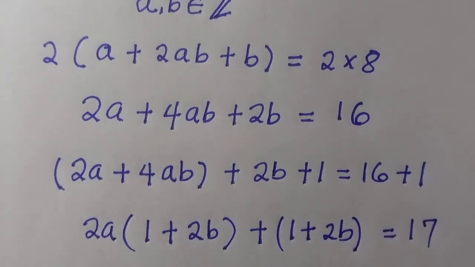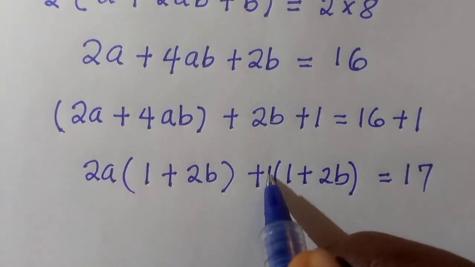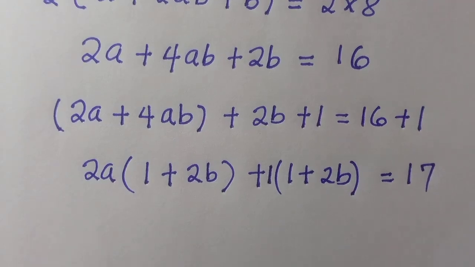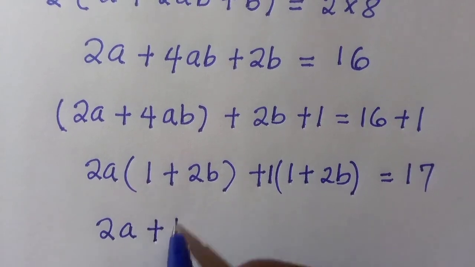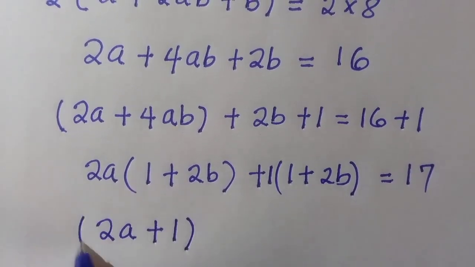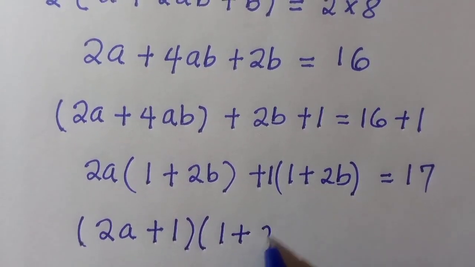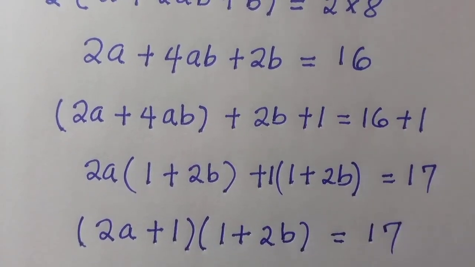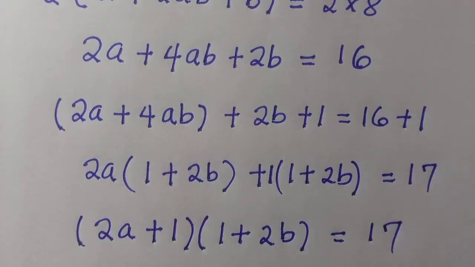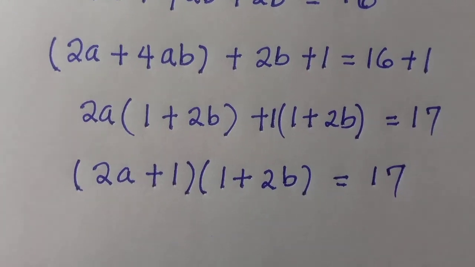Looking at this, 1 plus 2b is common, which means we combine 2a plus 1 and place 1 plus 2b beside it, and everything equals 17. What this is telling us is that 2a plus 1 multiplied by 1 plus 2b equals 17.